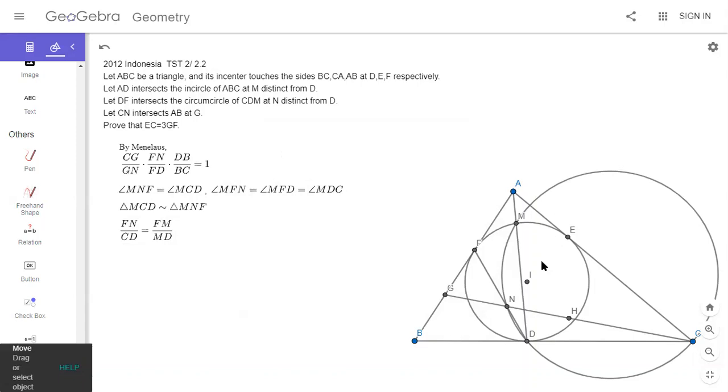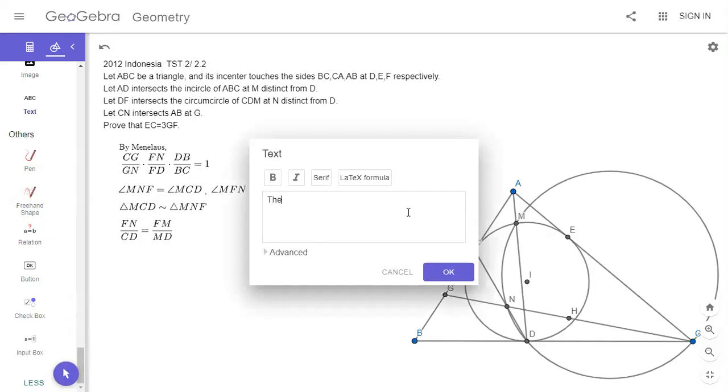And we can also, FMED is a harmonic quadrilateral. So DEMF is a harmonic quadrilateral. I'll write that on the next line.